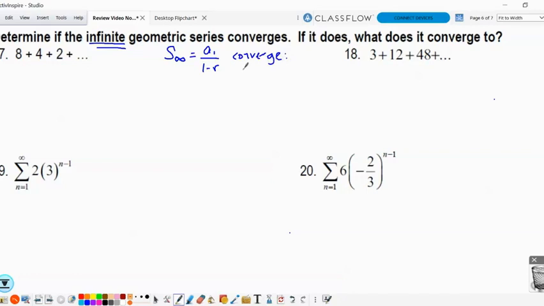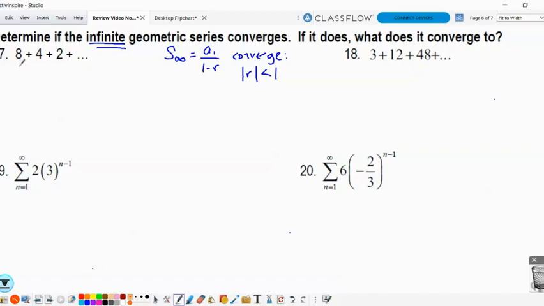And it will converge if our common ratio is less than 1, if our numbers are getting smaller as the series progresses. If it doesn't, then we're going to say that the series diverges and we cannot find the infinite sum.